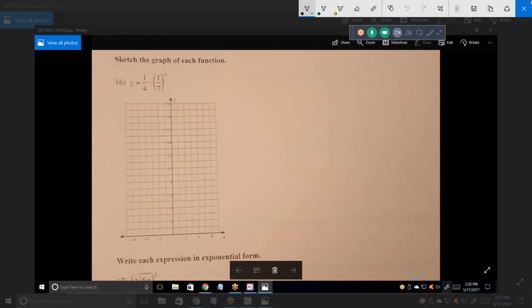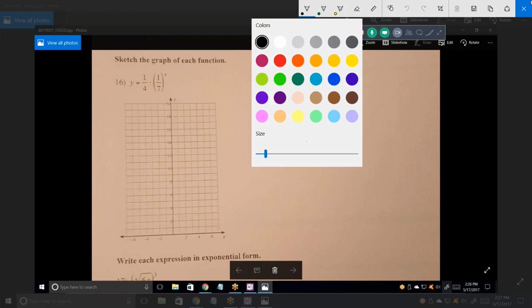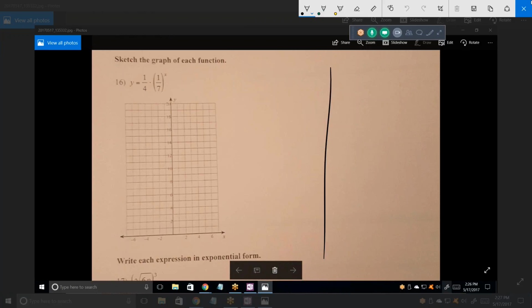What's the parent function here? Of this one, it's going to end up being the same kind of graph as the last one. So is it the y equals 1 over x? 1/7 x. That's the parent function.